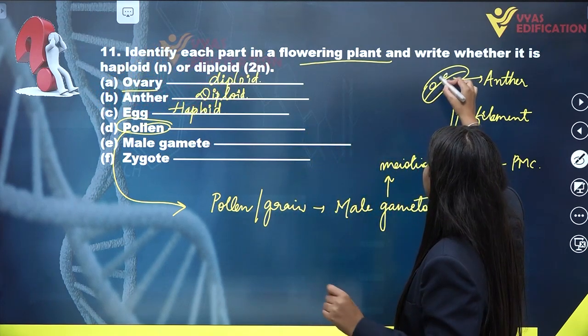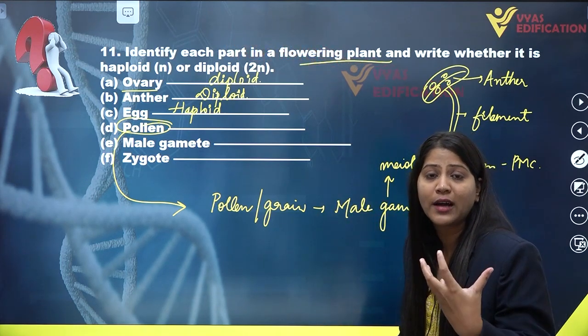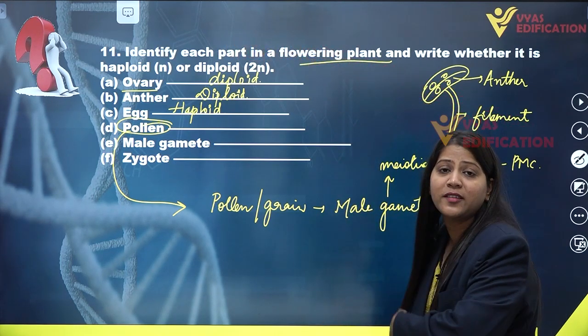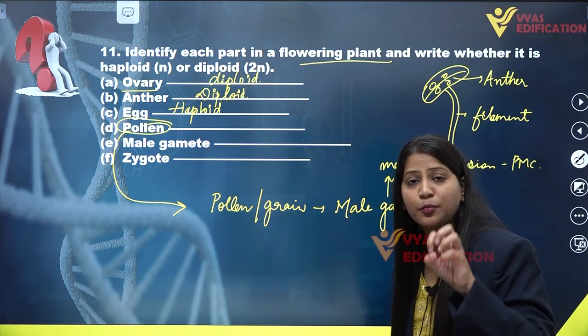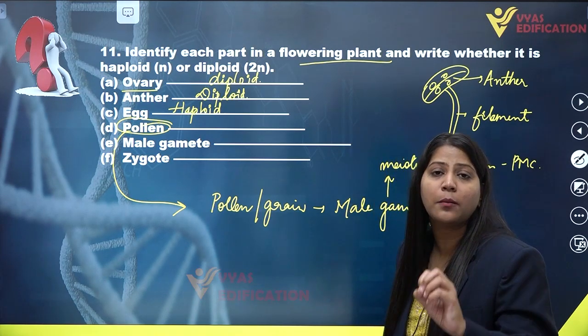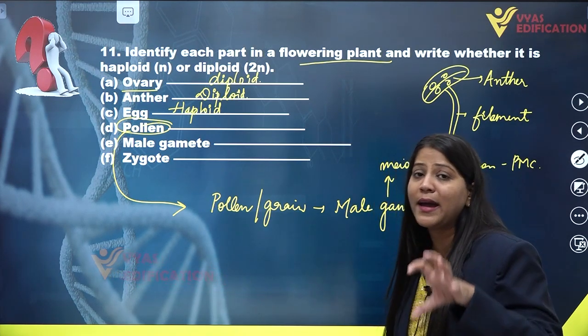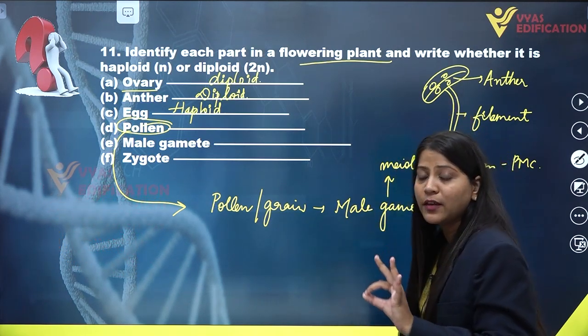Inside the anther, in the four microsporangia, there are special kinds of cells or tissues present, that is sporogenous tissue. The special kind of cells in these sporogenous tissues are known as pollen mother cells or microspore mother cells. These microspore mother cells are diploid in nature as they are part of the anther.